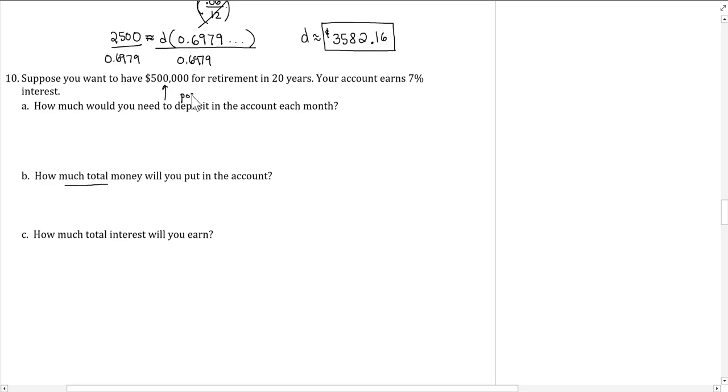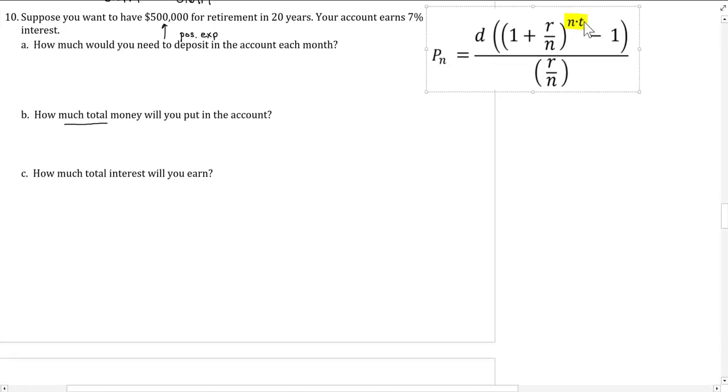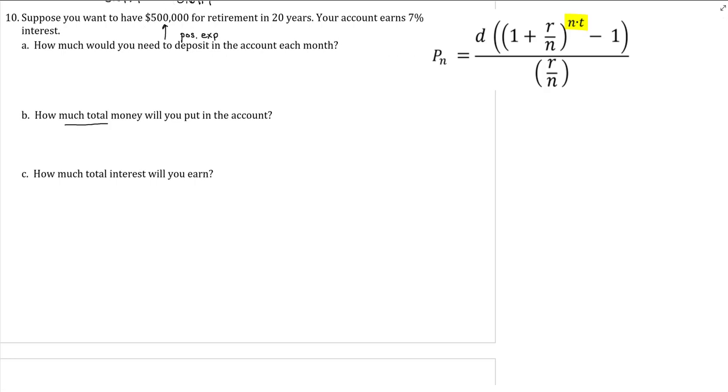So I want to use the equation with the positive exponent. Now I am just going to plug in the appropriate numbers. The 500,000 is not my deposit per month, but it is the amount of money in N number of years. So that will be what I've got on my left-hand side.